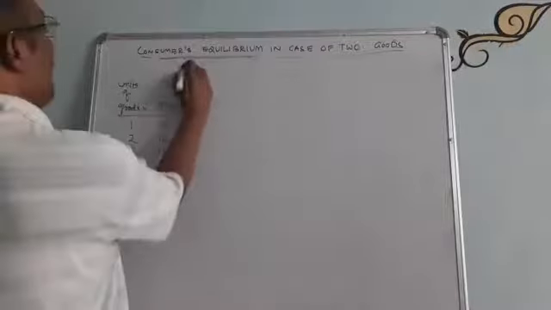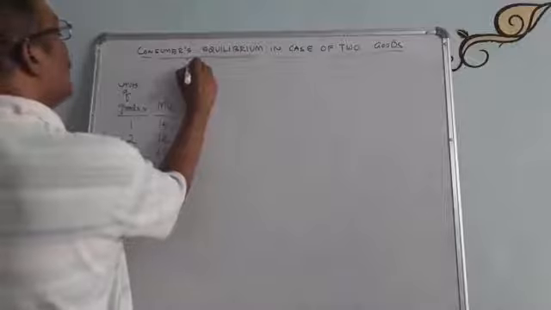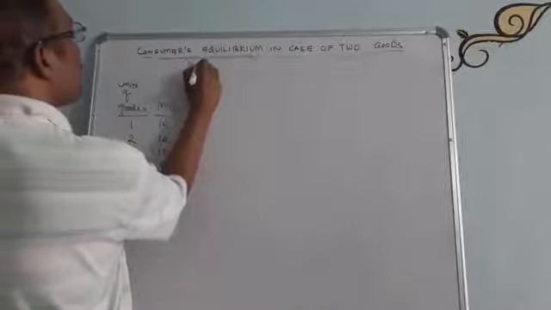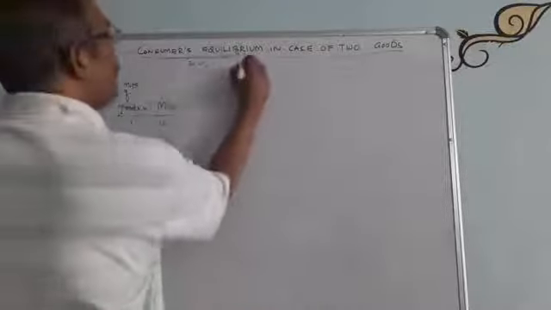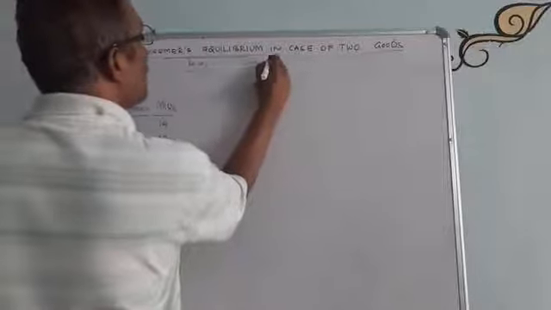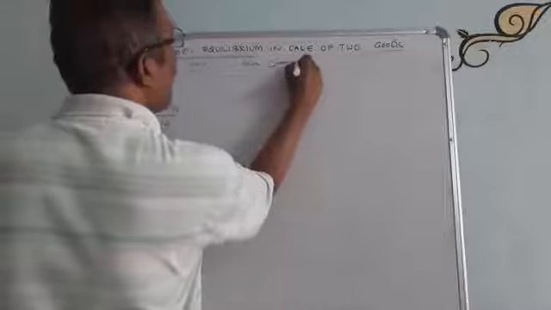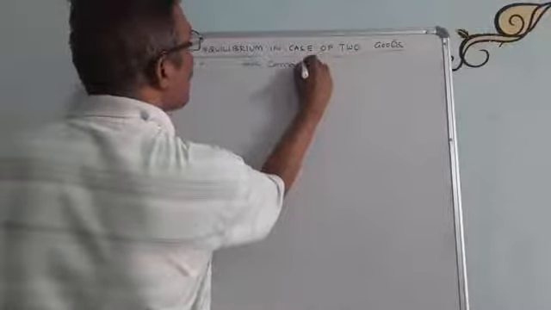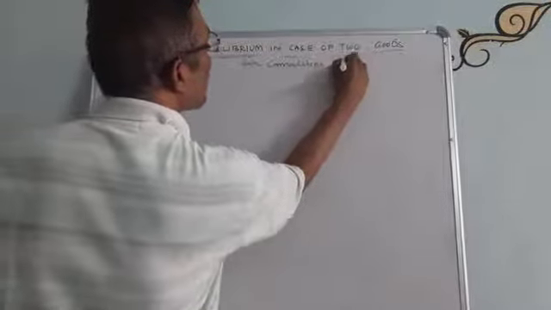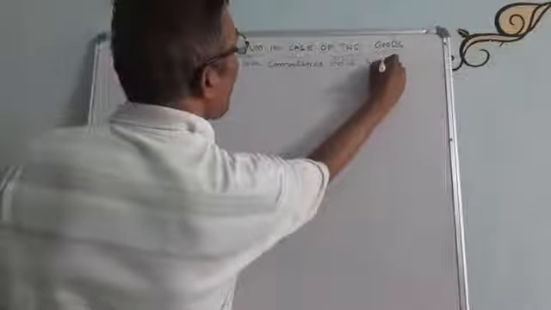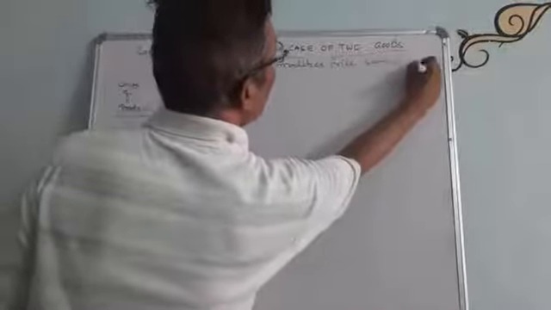Because I have already said the total amount is now rupees 50, and both commodities have the same price, at the rate of rupees 10.